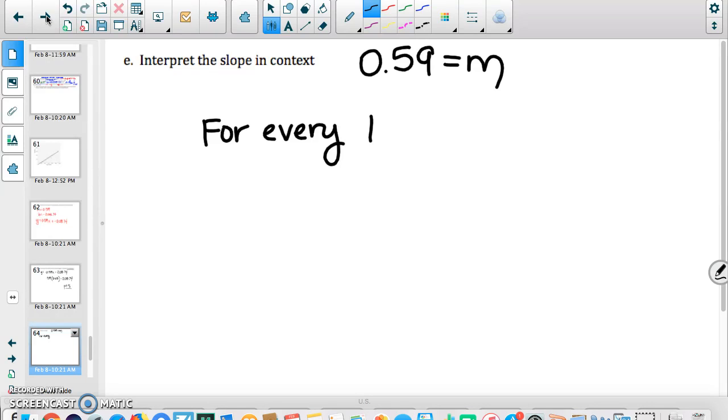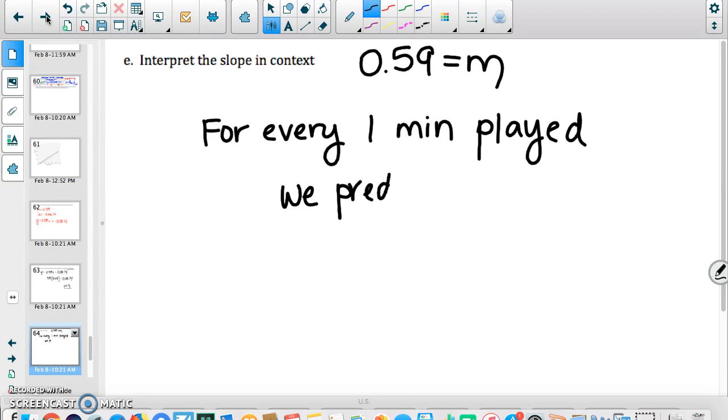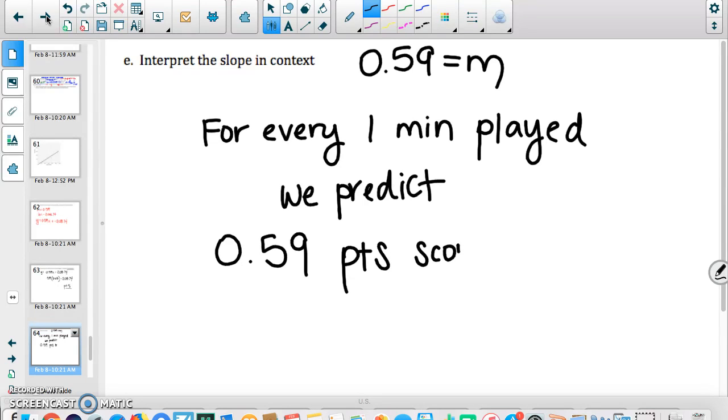So for every 1 minute played, that's the first part. The second is we predict. And now we put in our slope, 0.59, and then it's our y variable, which is points. So for every 1 minute played, we predict about 0.59 points scored.